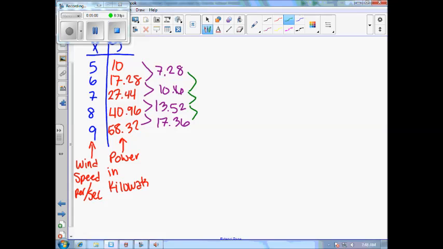Okay, so everyone else, pull out your calculators and let's do this. What's 10.16 minus 7.28? Who has it? Okay. 2.88. Alright. And the next one? Raise your hand when you get it, please.